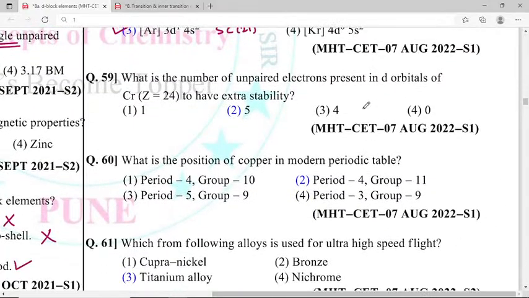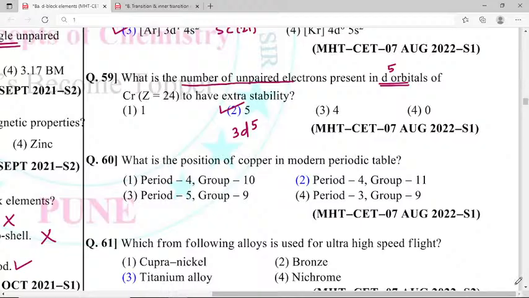What is the number of unpaired electrons present in d orbital of chromium to have extra stability? This is 3d5, so it has 5 unpaired electrons.